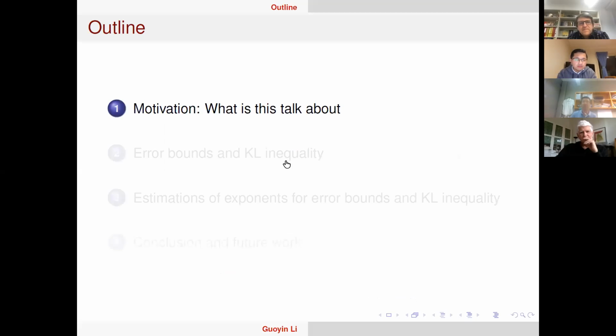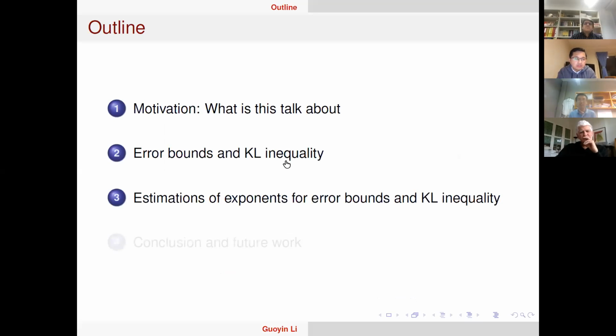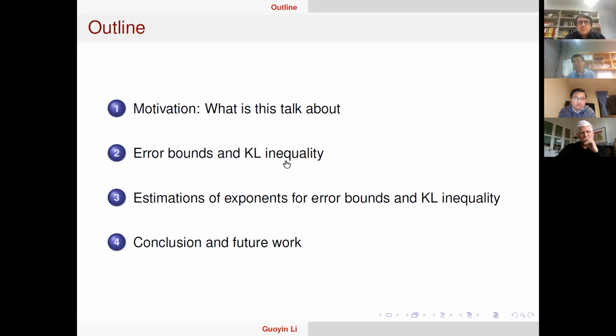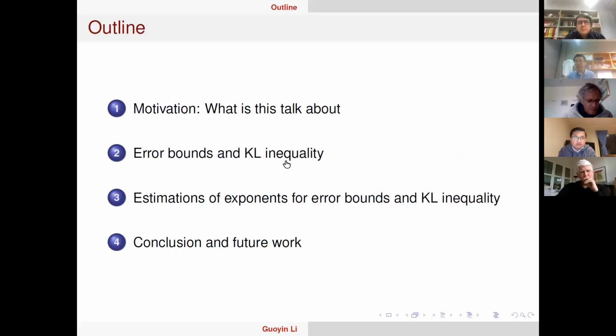Okay, so first of all, I'm going to give the motivations just to explain what this talk is about, set the scene, and then I'm going to talk about the error bounds and the Kurdyka-Lojasiewicz inequality. And of course, the major part will be how do you estimate the exponents of them. And finally, I'm trying to conclude my talk. But as I often do in my talks, I always feel these outlines are a bit boring.